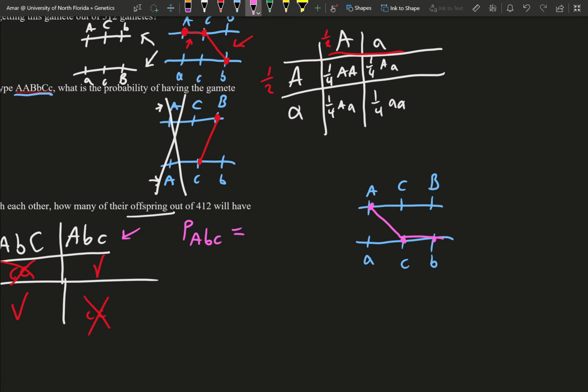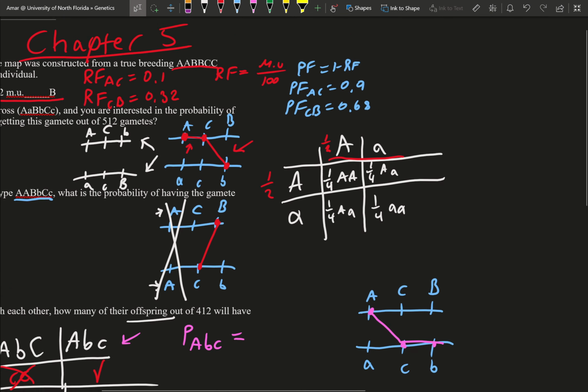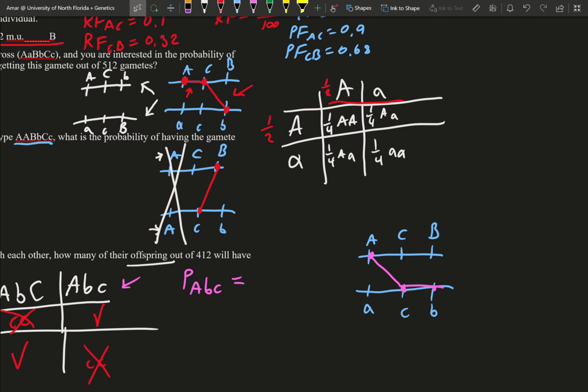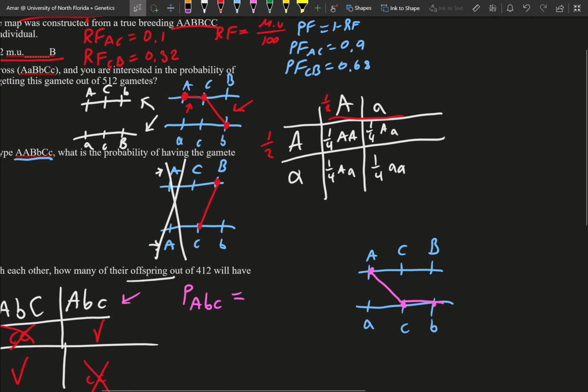Now let me refer to the key that we have above. We're crossing over between A and C, so we're going to use the recombination frequency, 0.1. And then we're going to multiply that by the parental frequency between C and B, which is 0.68.